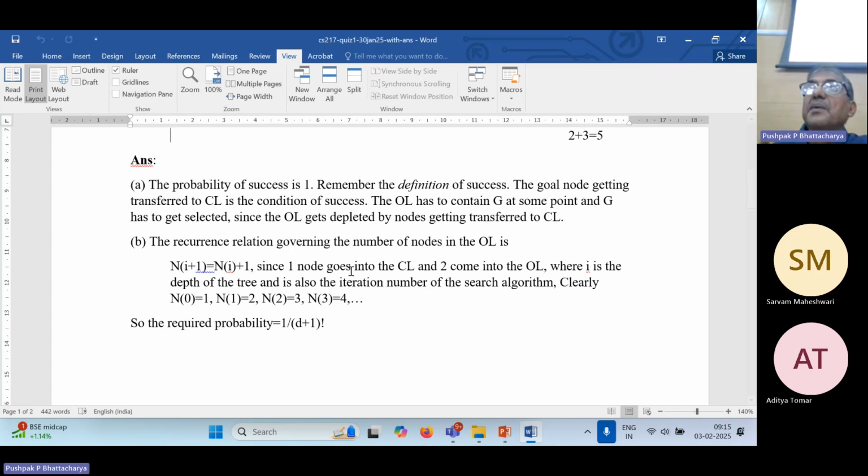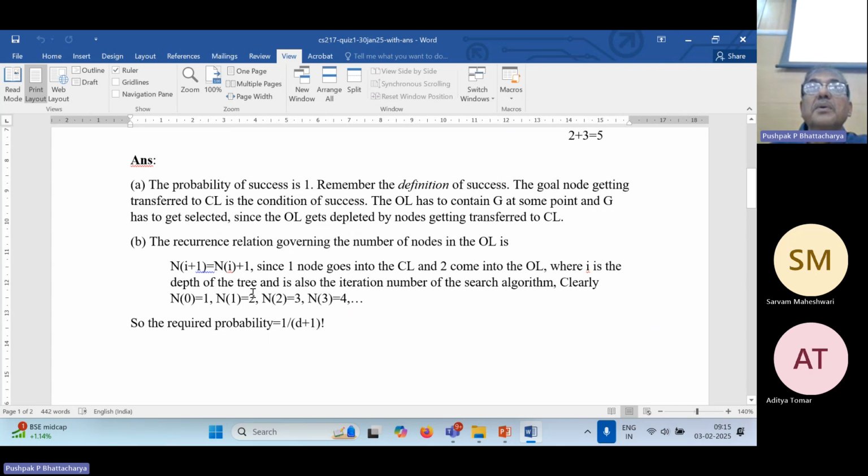So in effect, you are adding one node to the open list. Therefore n_{i+1} is equal to n_i + 1, where i is the depth of the tree and is also the iteration number of the search algorithm. Clearly, n0 equal to 1, n1 equal to 2, n2 equal to 3, n3 equal to 4, and so on.